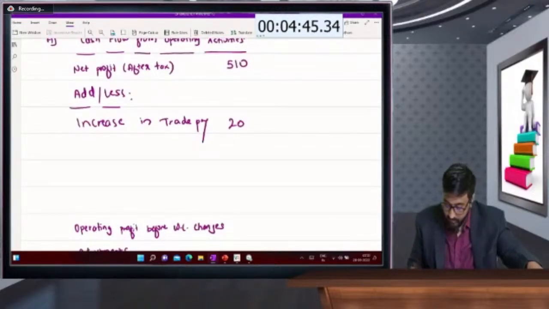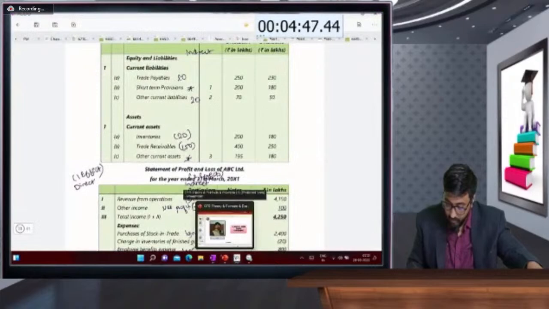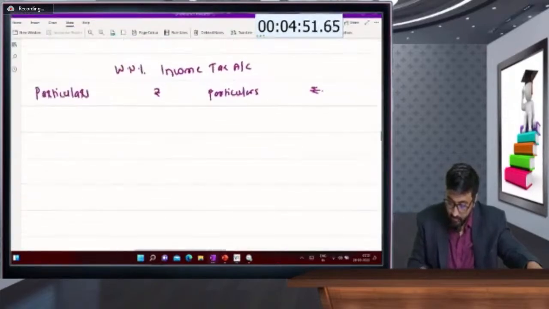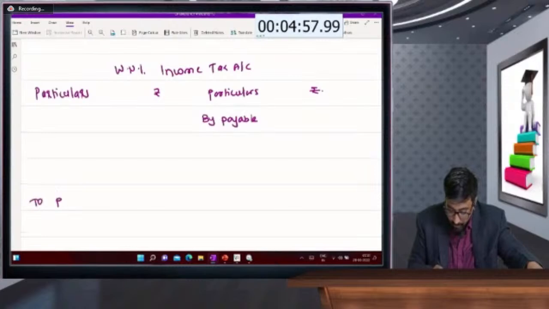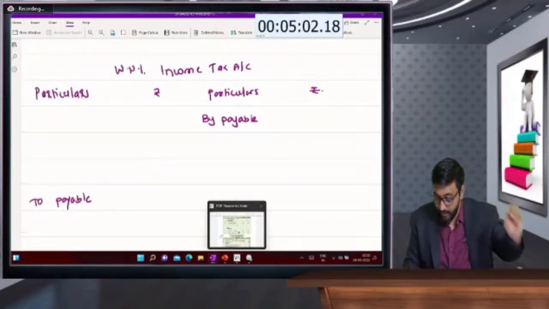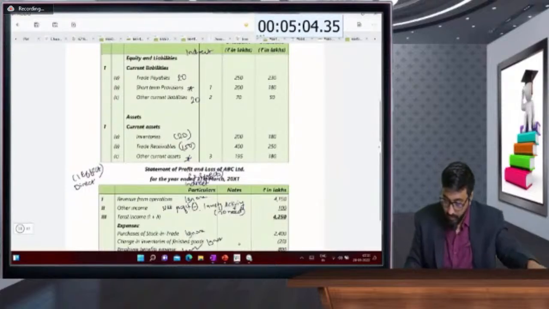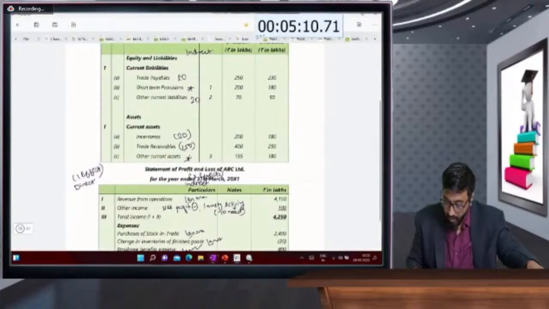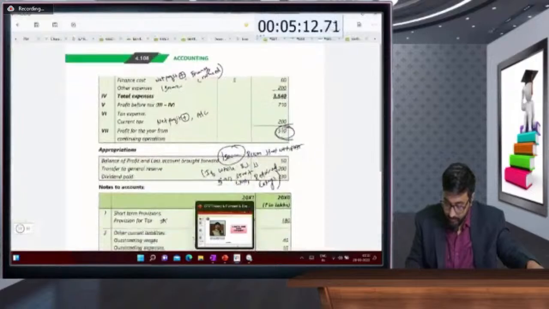Next one is short-term provisions, income tax account by payable and tax payable. So the account will always help you out. 180 and 200. Then you have other current liabilities.